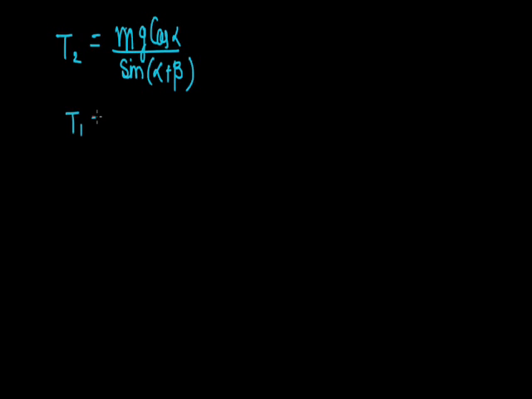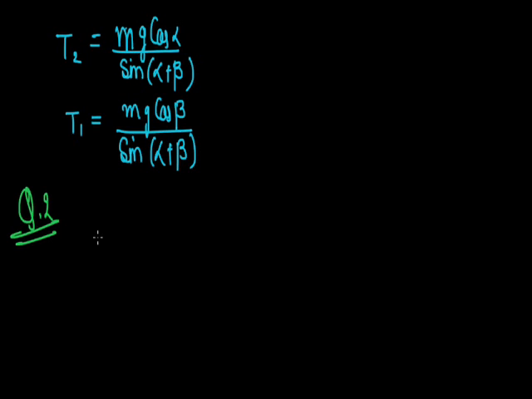So T2 becomes mg cos alpha upon sin of alpha plus beta. Now put this in equation 1. We get T1, which will be mg cos beta upon sin of alpha plus beta. So these are the tensions in strings T2 and T1.